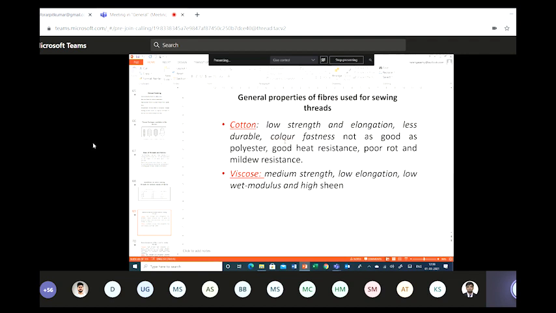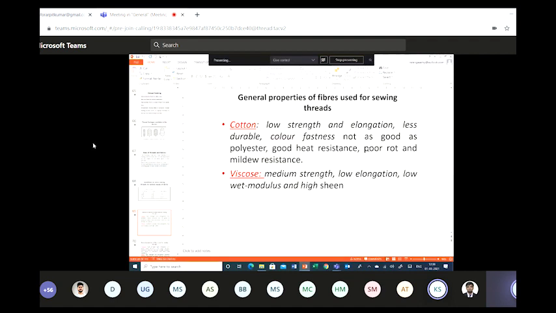In outdoor applications, if you use the cotton thread, it will not be good. And the plus point is it has good heat resistance compared to polyester. At higher temperature, up to say 150 to 200 degrees centigrade, it is still able to retain its strength.